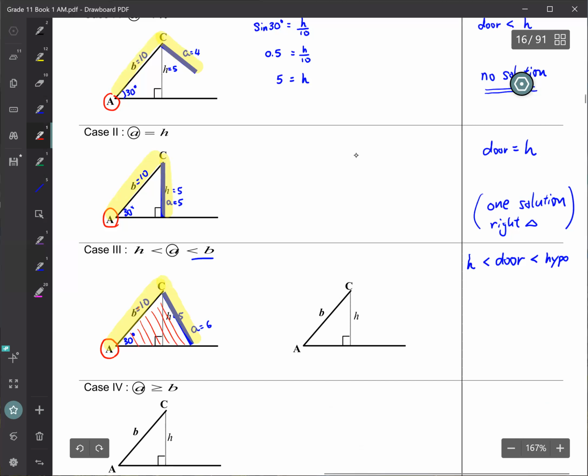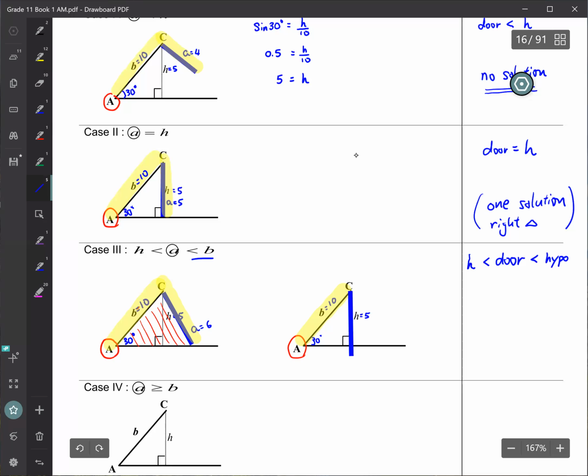Now if I keep the same measurement, angle A is still 30, side B is still 10, height is still 5. Now, if A is still 6, instead of putting the side on the right side here, where else can I put it?